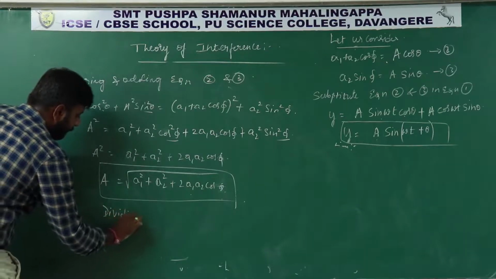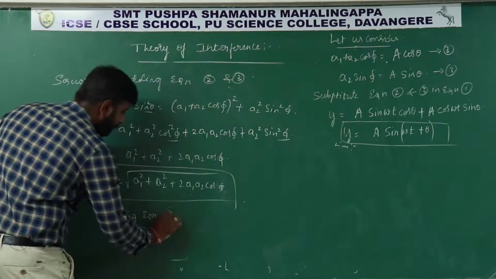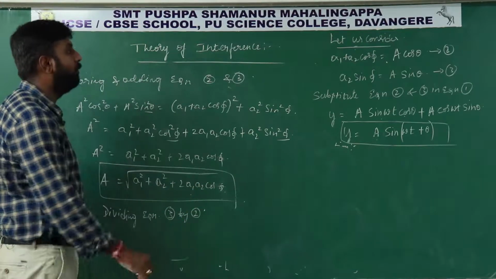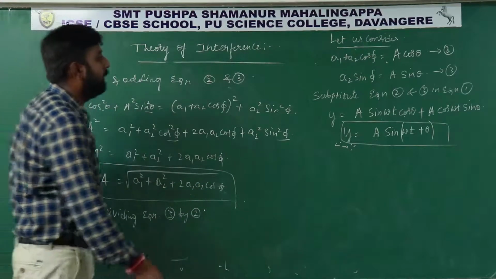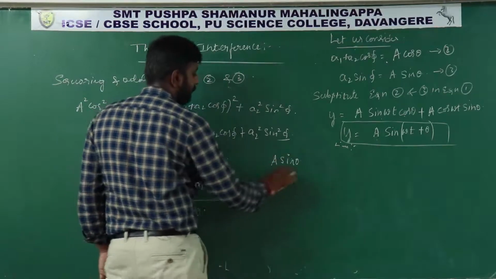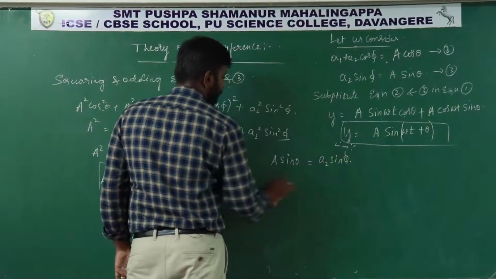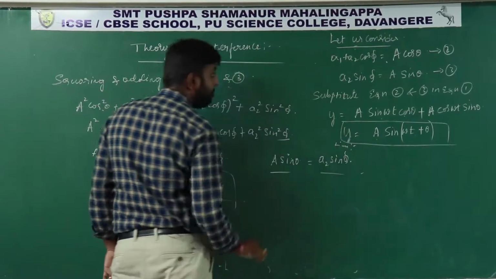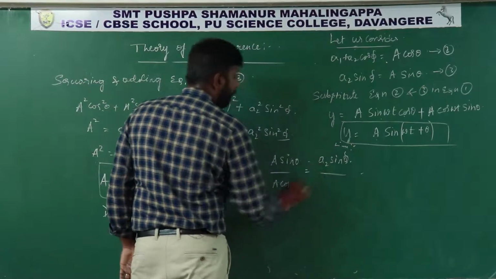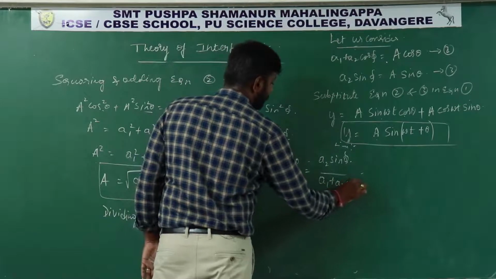And next, after squaring and adding, what you have to do is divide equation 3 by 2. Then you will get A sin θ divided by A cos θ equals A2 sin φ divided by A1 plus A2 cos φ.